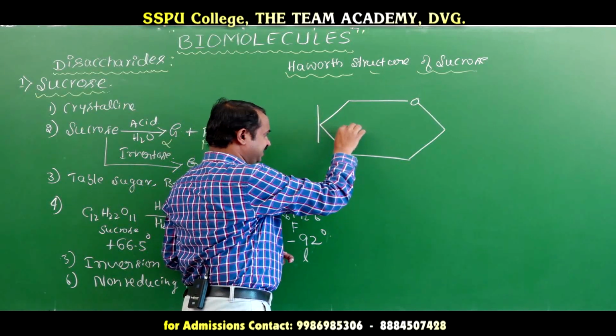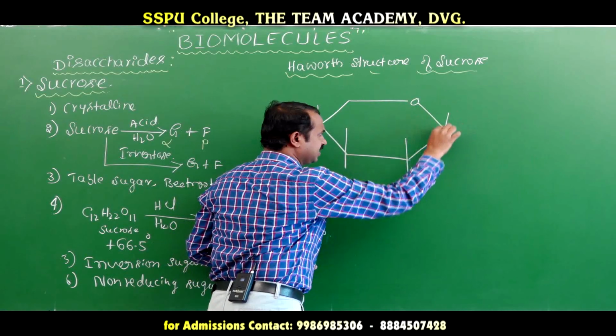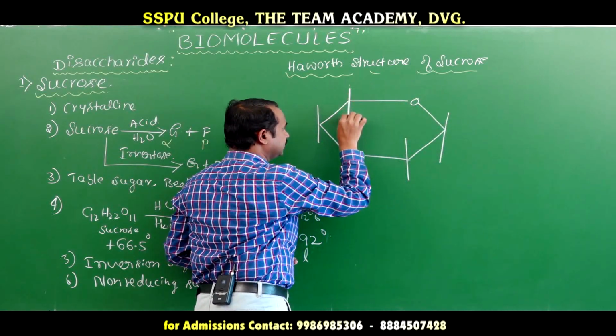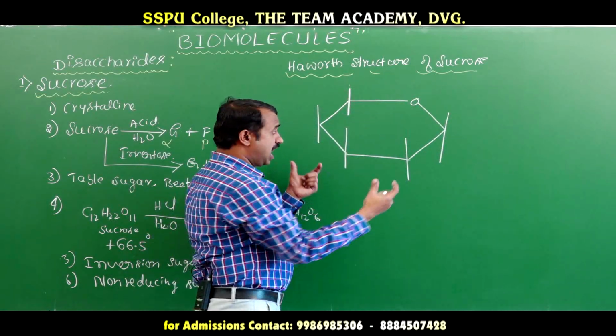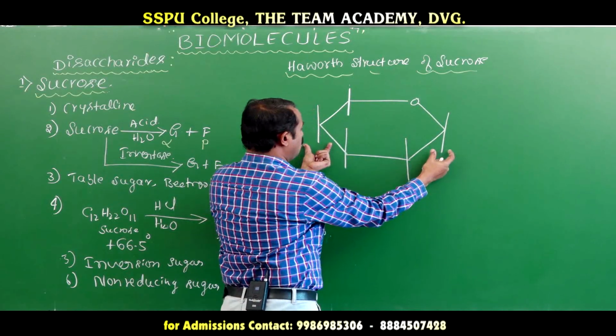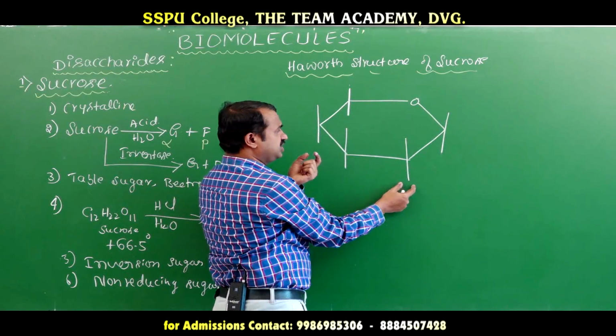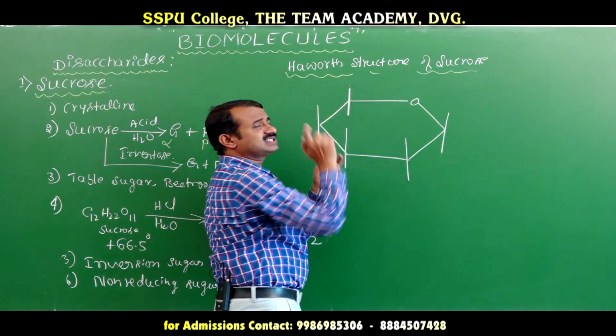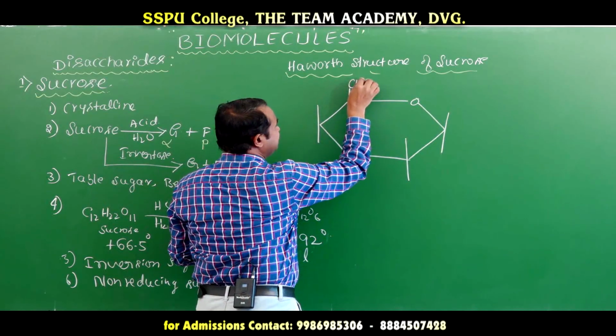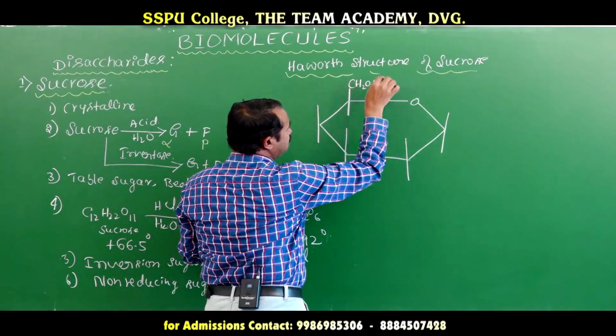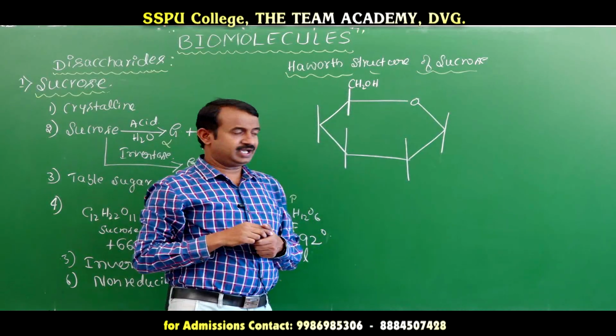Already we have discussed the glucose structure. If it is alpha, here alpha means one OH is outside and another one is inside. Here CH2OH is fixed.